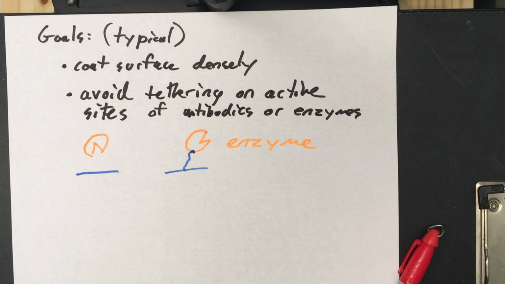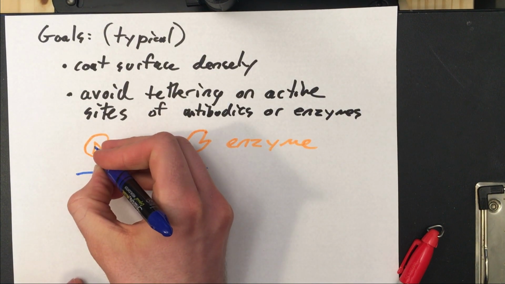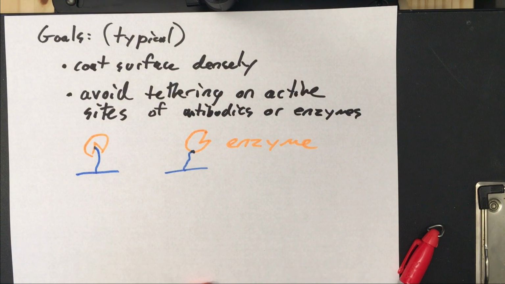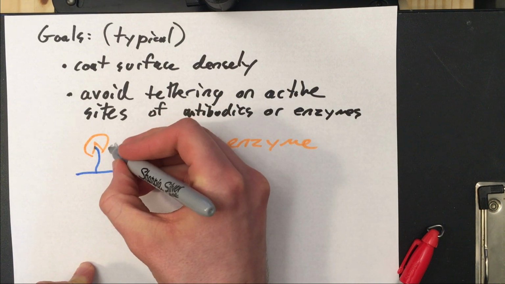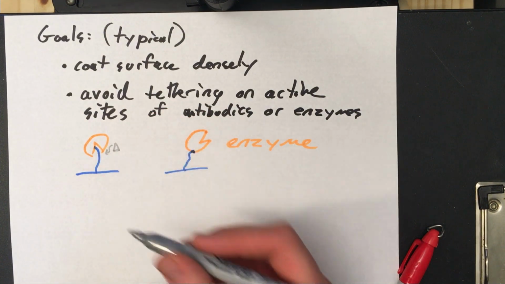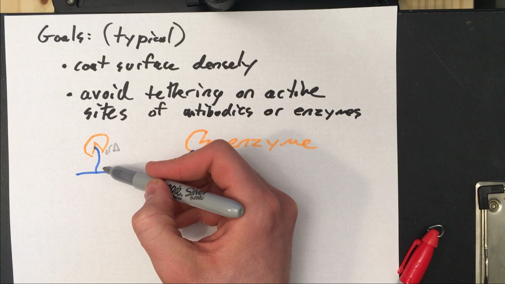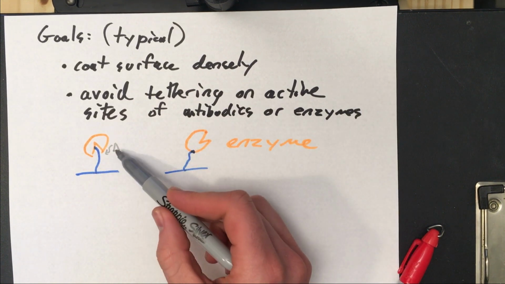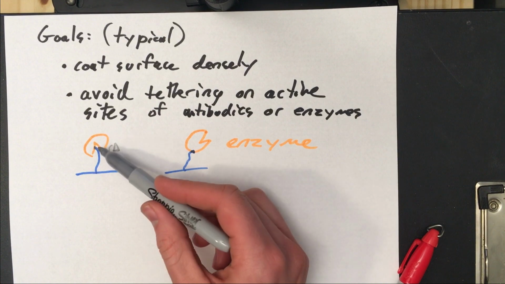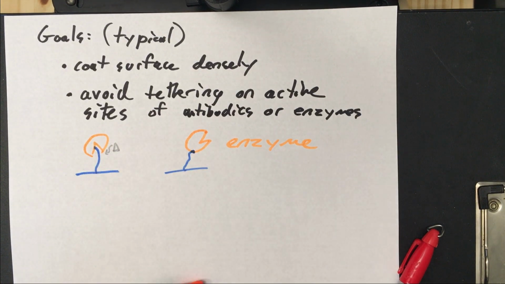and I tethered that enzyme to the surface via the active site, then the reagent couldn't really fit in there anymore, right? So if I tethered to the active site of the protein, either the antibody or the enzyme, then whatever molecule that protein is supposed to bond to no longer fits in there.